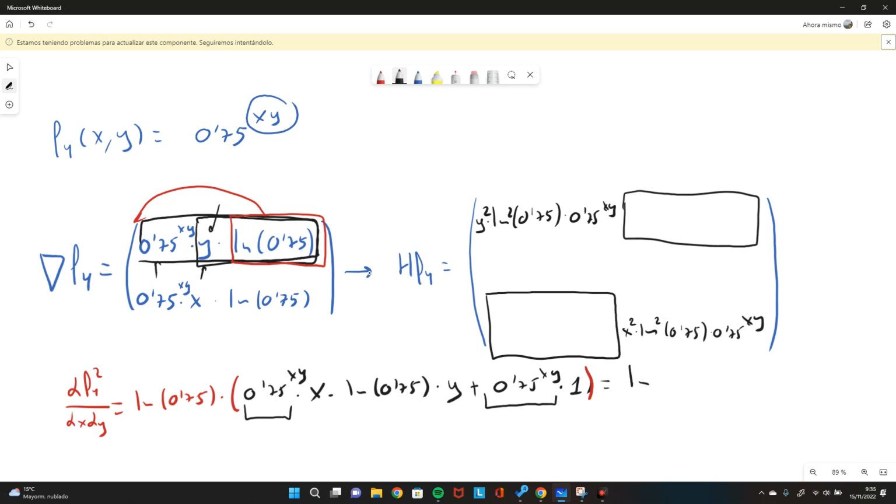We can bring it down there or out there. So this is the natural logarithm of 0.75 times 0.75 to the power of xy, times, yeah, xy, I'm going to write it down because I'm not going to have a space there, times xy times logarithm of 0.75 again, plus 1.